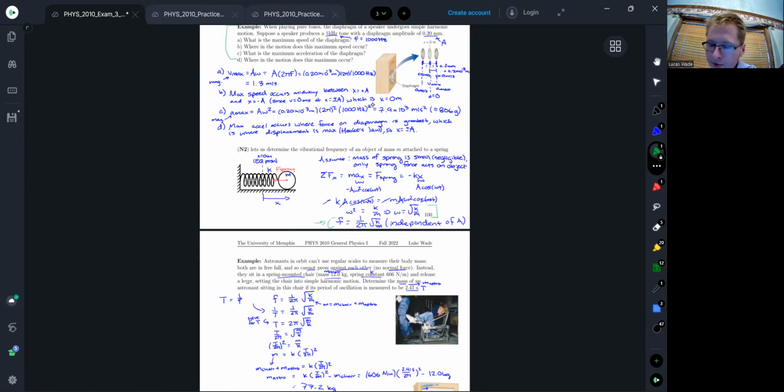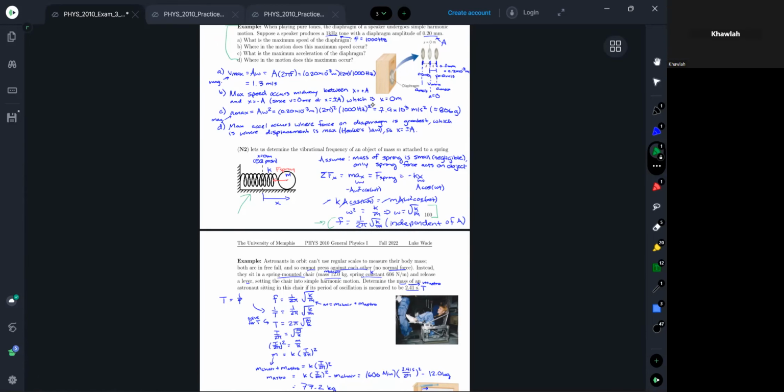Yeah, so frequency depends on stiffness and mass, right? Or the spring constant and mass. So what could we change in this picture to get a higher frequency? Meaning it's going to complete more of those cycles per second.